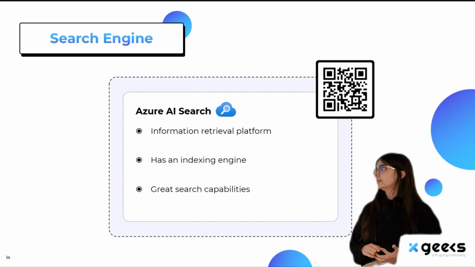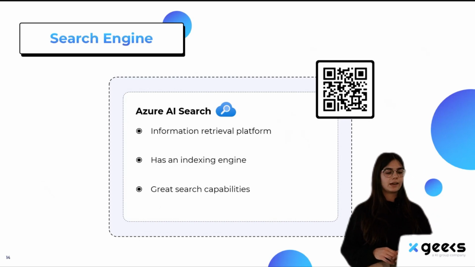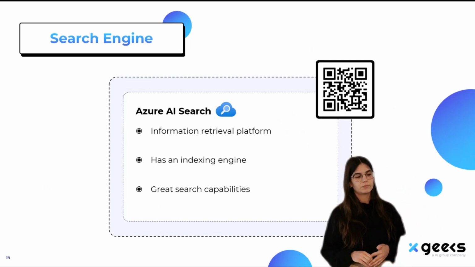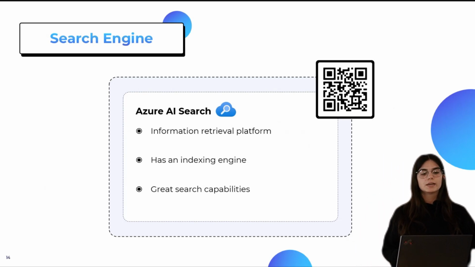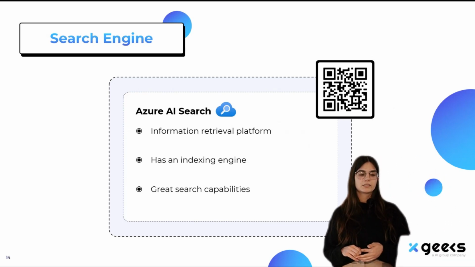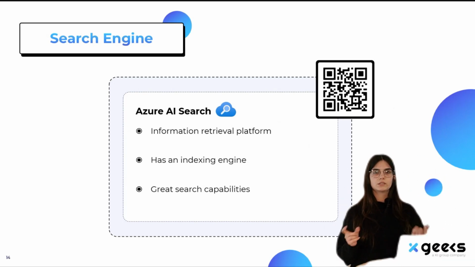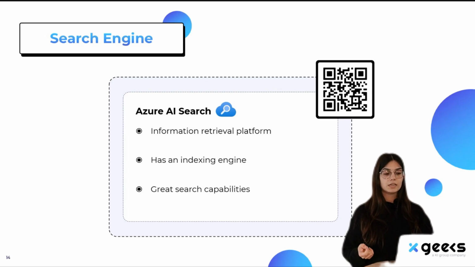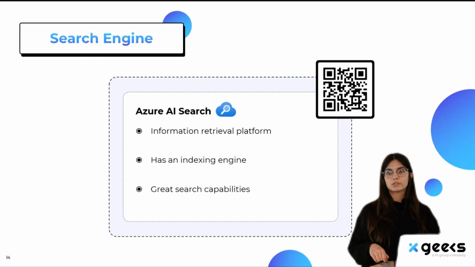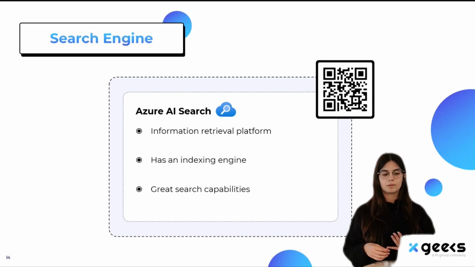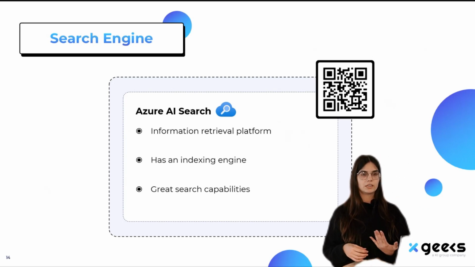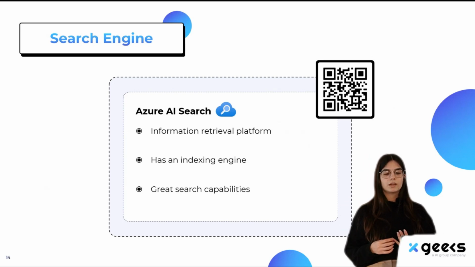Then for the search engine, we have Azure AI Search. That is basically an information retrieval platform as an indexing engine, what turns the data into vectors. Allows us to save some metadata, as I was saying, product name, file type, everything that you need to save other than the data and the vectors.